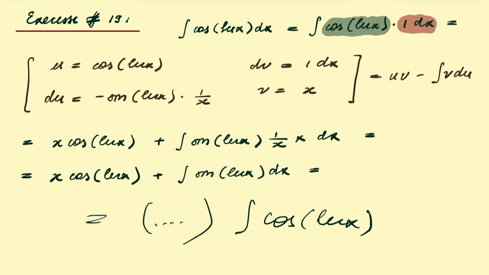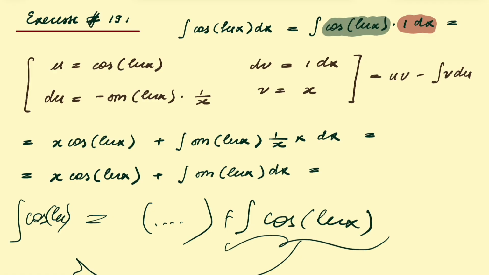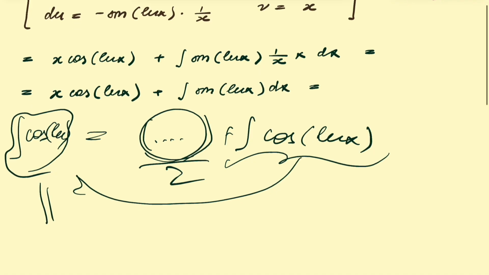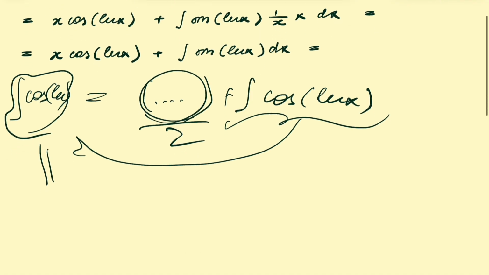Also, the integral we want to find is itself cosine of ln of x, so we can put this expression to the left side, or just subtract from both sides, and divide by 2 to get the answer we want. So we'll basically write this as some, say, variable a, and we'll search for a later on.